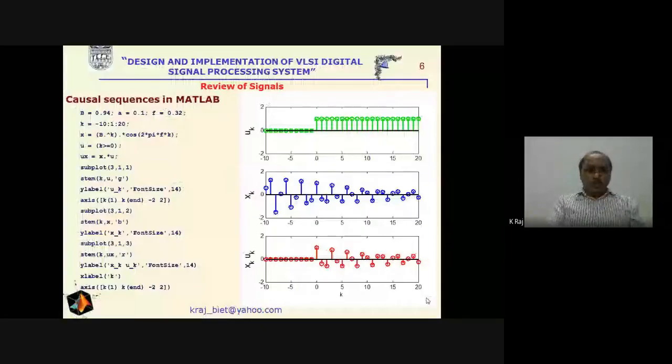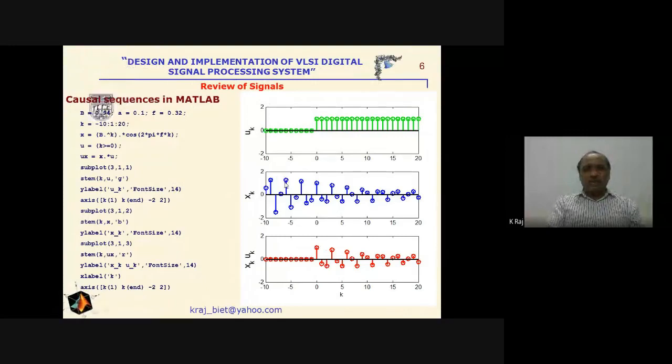As we know, suppose we generate one sequence x[k], that is an exponentially decreasing, damped sinusoidal function. We have defined b as 0.94, a as parameter 0.1, f as 0.32, and k has a range from minus 10 to 20 with a uniform gap of 1, and x is a function defined with b to the power k.